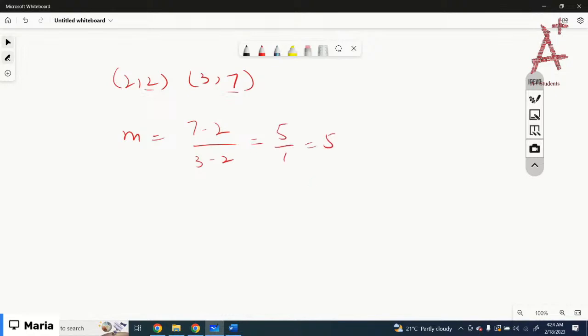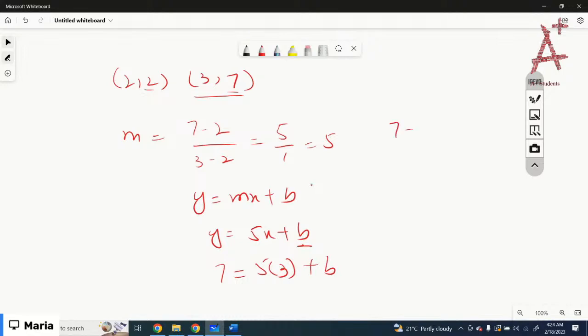Got it? And then you have to calculate the value of b. You can use any point. I'm using this one. y is 7, so 7 equals 5 times 3 plus b. So it would be 7 equals 15 plus b. So move 15 to the other side.